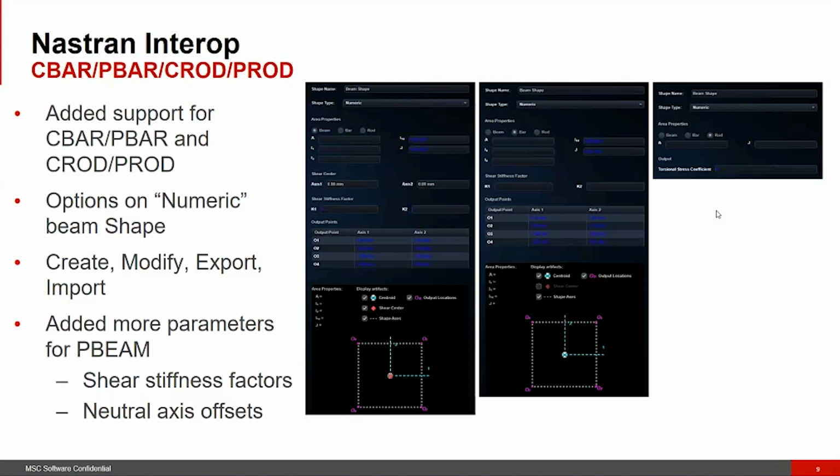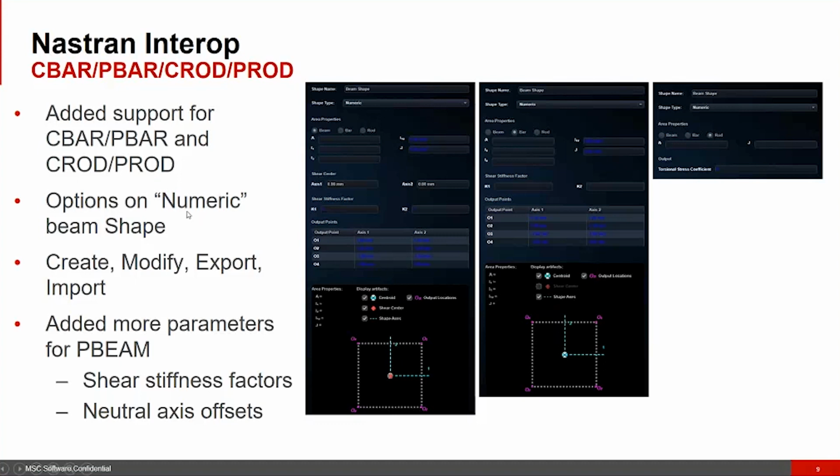So, continuing to NAST and interrupt, in this particular release, we are supporting the C bar, P bar, C rod, P rod. And where do you find them in the UI? In the previous release, we gave an option to create the numeric beam shape.